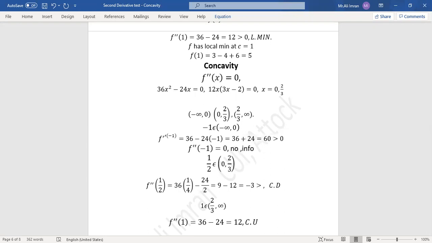This means that the function is concave upward on this interval.